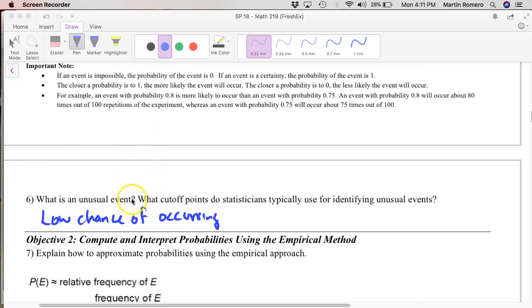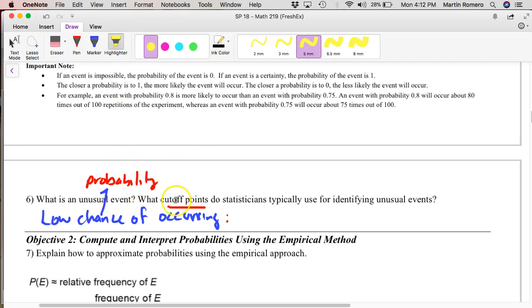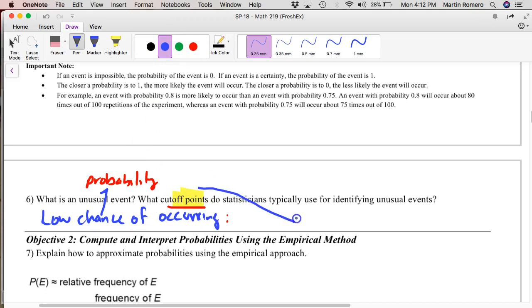You might want to change that word chance to low probability of occurring. And statisticians usually have what are called cutoff points. We usually say 5%, or 0.05. So if something has less than a 5% chance, we call that unusual. And so that's what we're looking at.